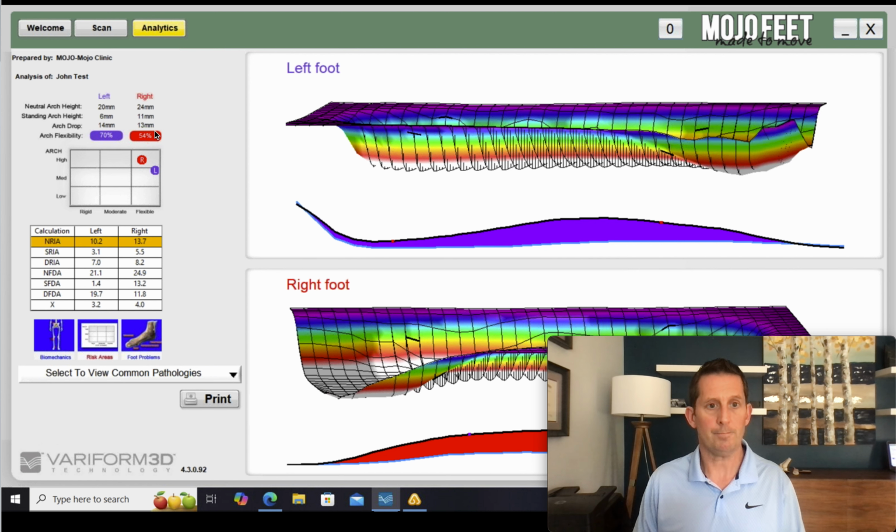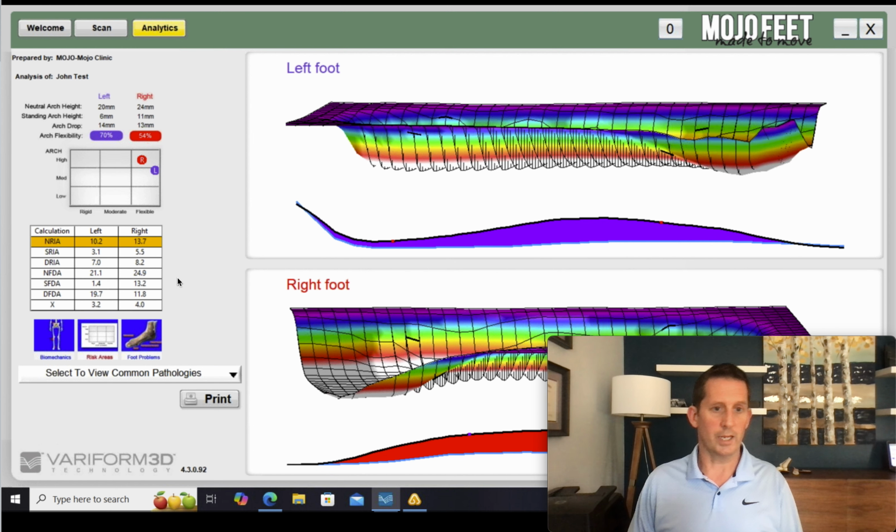So those are the two things I would focus on with the patient, followed by a recommendation for care. With this patient, they're over 50% on both sides, and they have a big difference, 16%, between their left and their right foot. The recommendation would be for a custom orthotic for this patient.